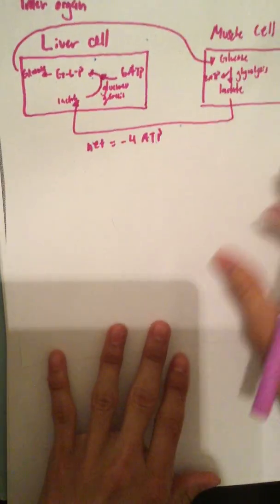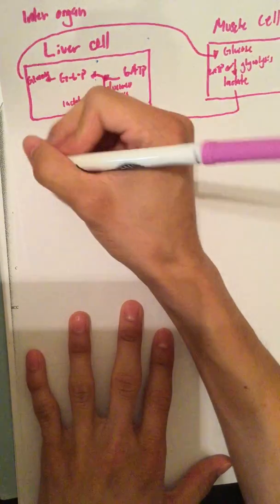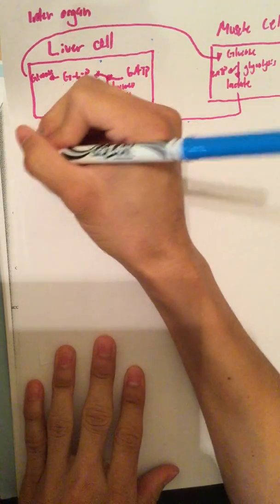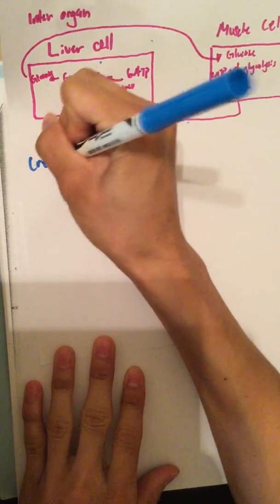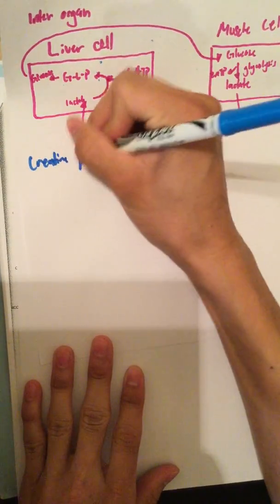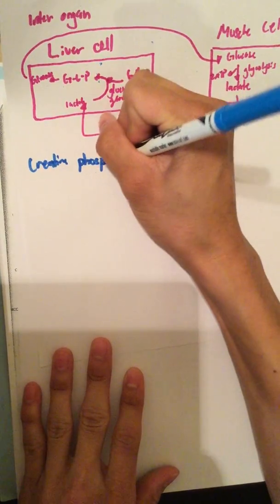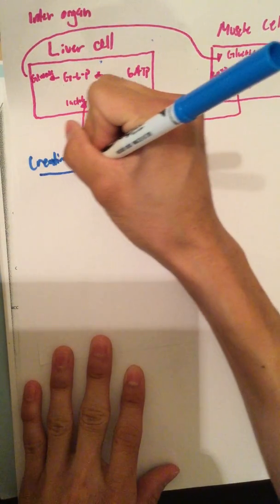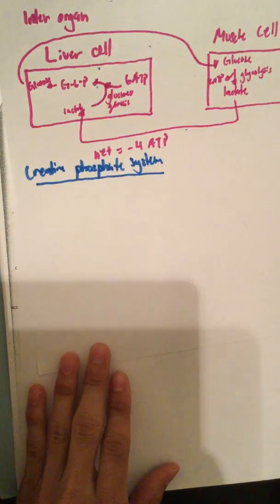Now, the next thing that we're going to be talking about is the creatine phosphate pathway. Let's change colors for this. Creatine phosphate system. Creatine phosphate is just another energy storage besides ATP that's found in our skeletal muscles.